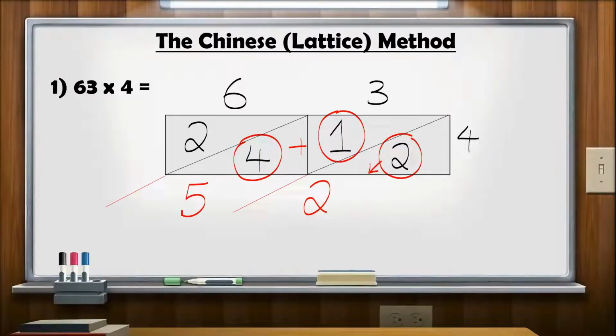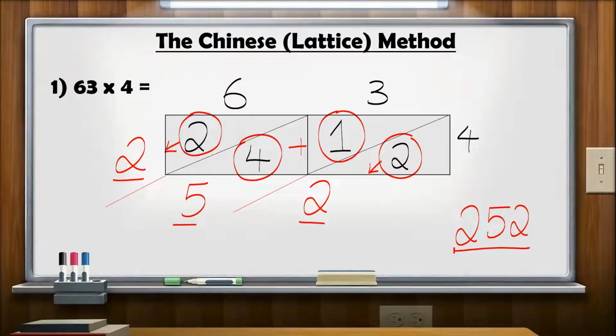And finally, my last diagonal column has the number 2 on its own, and again I'll move it down to here. So I have my final answer, and the answer to 63 times 4 is 252.